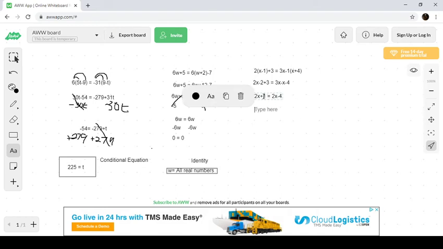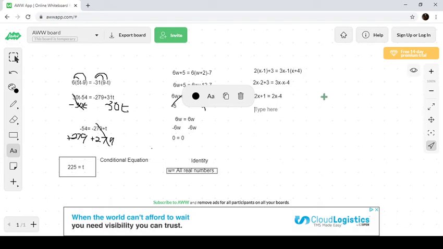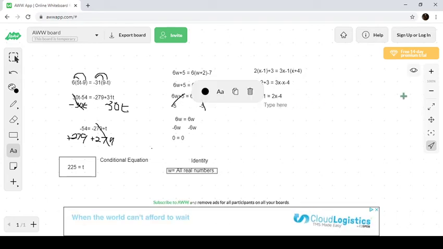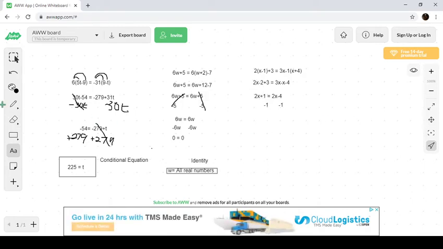So I'll move this 1 to this other side. So actually I'm going to put it closer up. So minus 1, and then minus 1. So these cancel. It's gone.